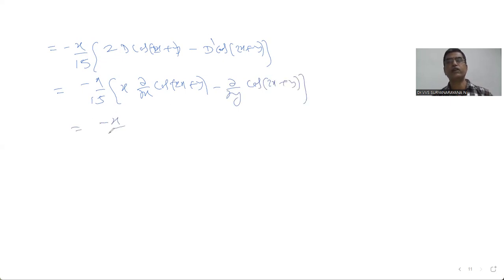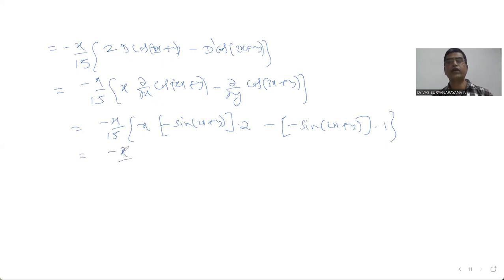So minus x by 15 into 2 times derivative of cos(2x plus y), that is minus sin(2x plus y), into the derivative of 2x plus y with respect to x, which is 2, minus dou by dou y of cos(2x plus y), that is minus sin(2x plus y), into dou by dou y of (2x plus y), simply 1.